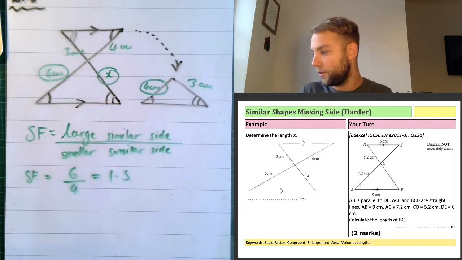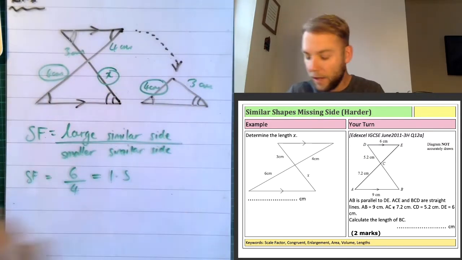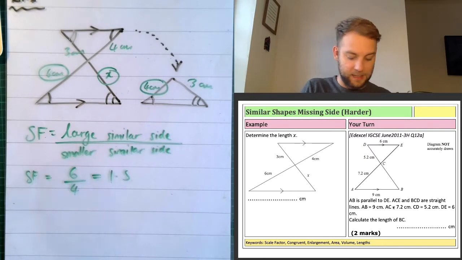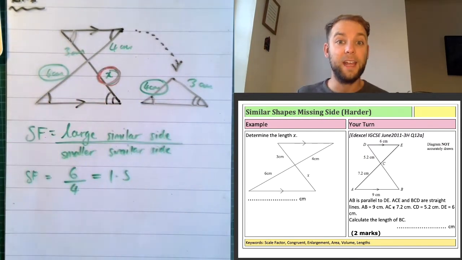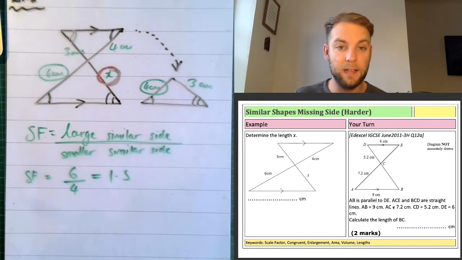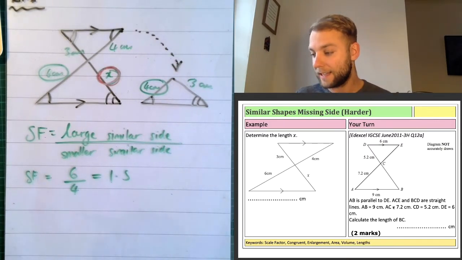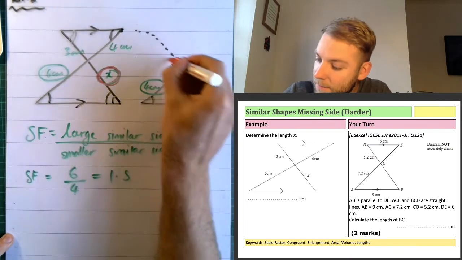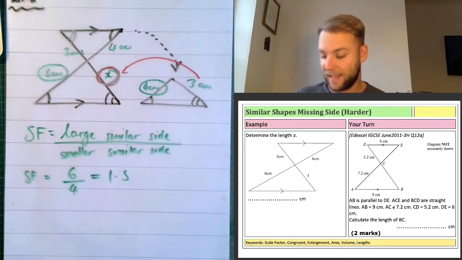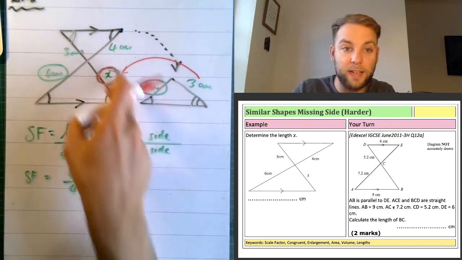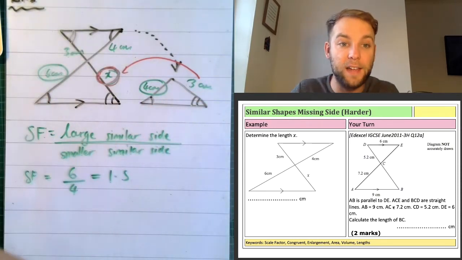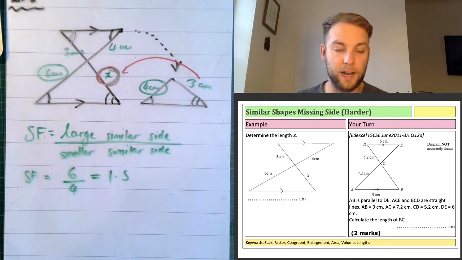Now I've not finished there, because remember, I'm trying to find out what this x is here. So if I know that this shape here on the left is 1.5 times bigger, then what I need to do is times the similar side by the scale factor. So in this case, I know that this triangle here is 1.5 times bigger than this triangle on the right.